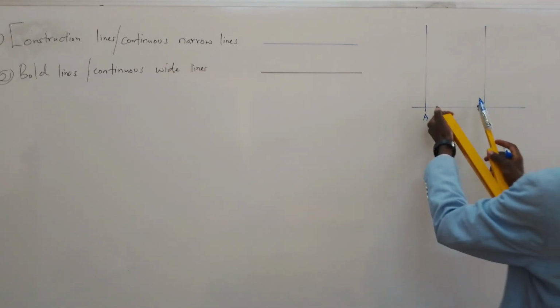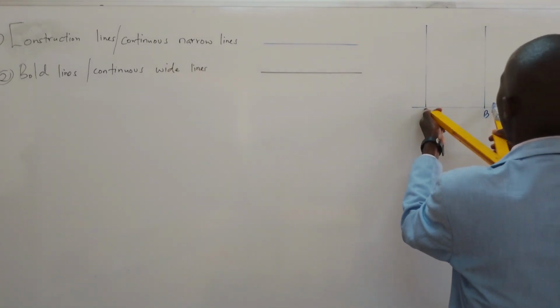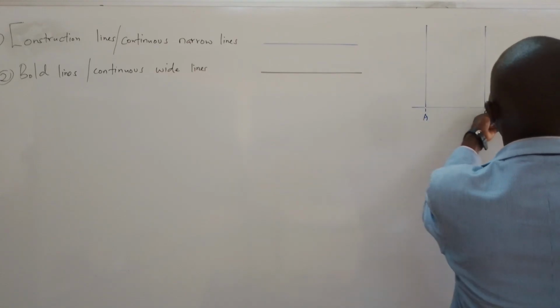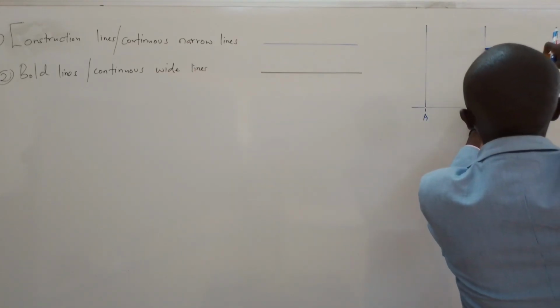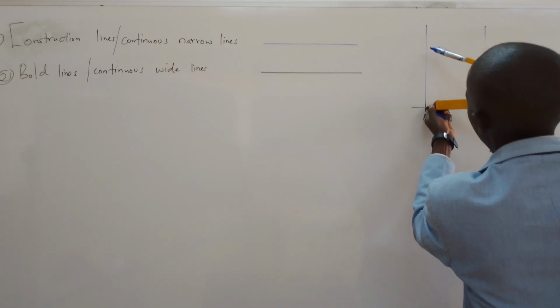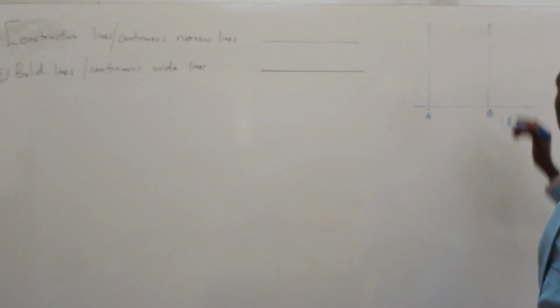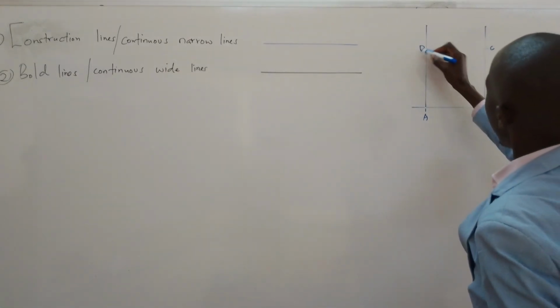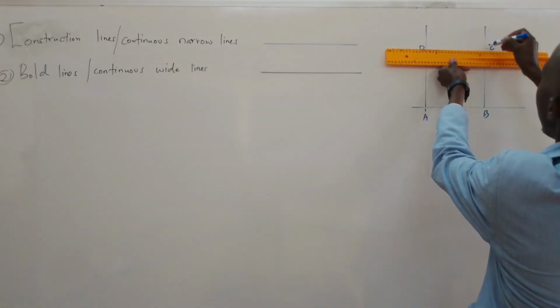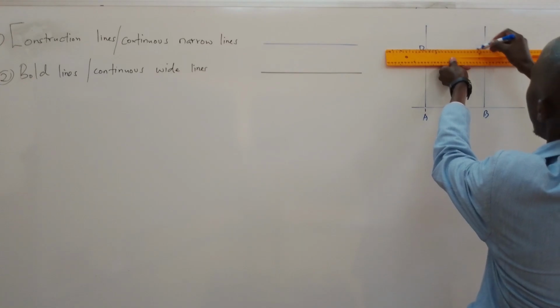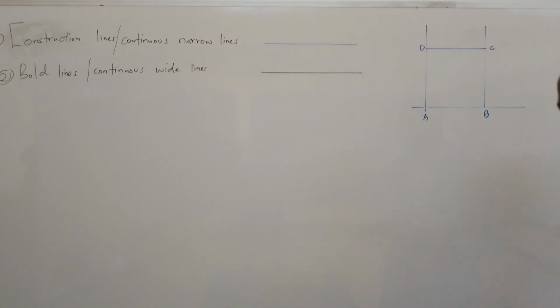You measure 50, and you mark along the perpendiculars. You will obtain corner C and corner D. You join to obtain your square.